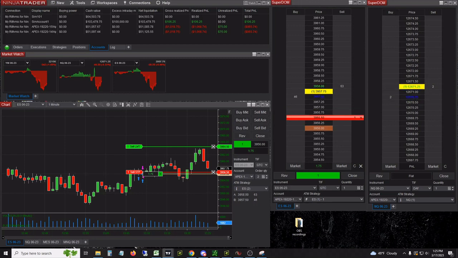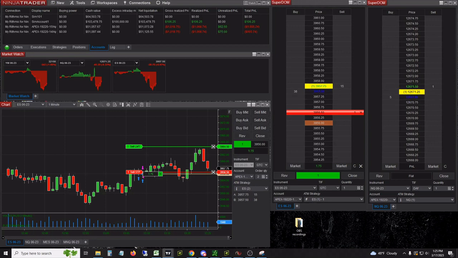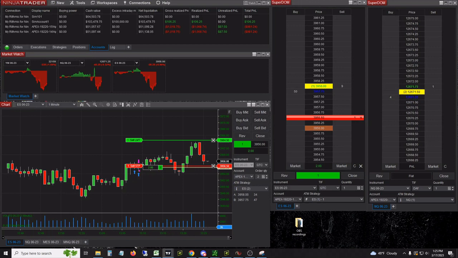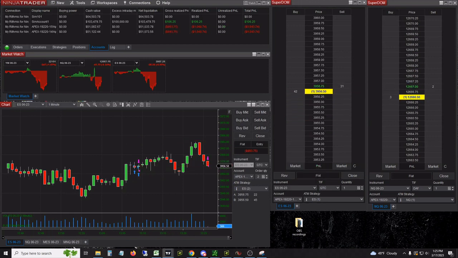So it looks like this may come down and actually stop me out. But at least I'm not going to lose money on it because I did move my stop up. Usually if it gets that high, that close to my target and doesn't hit and starts coming back down that far, it's probably a done trade, and chances are you're probably not going to hit that target.